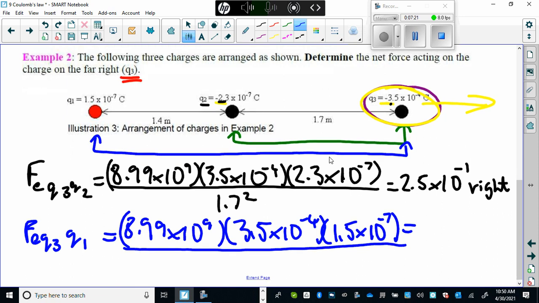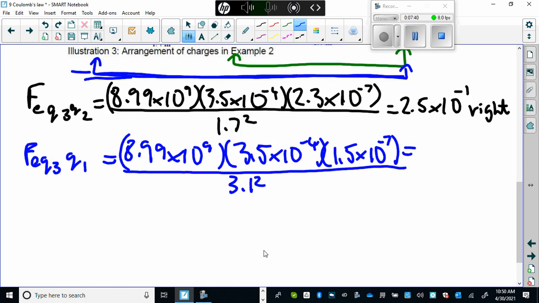It is this whole blue line here, which is, what's that, 3.1 squared. Okay, so be careful that you get the distance. Remember, we're totally ignoring Q2 at this point. We've already done Q2. We're going to calculate that to be 4.9 times 10 to the negative 2.